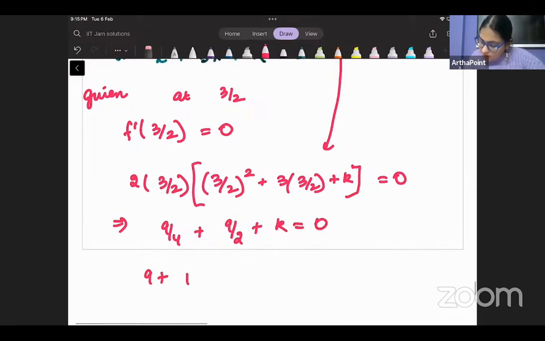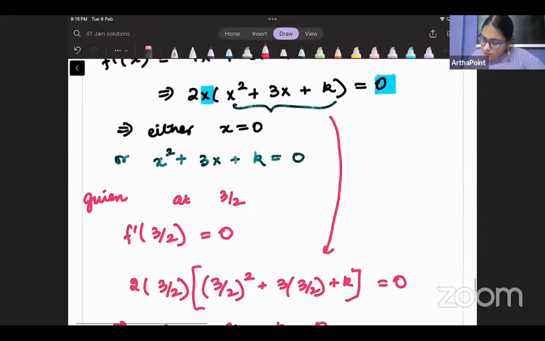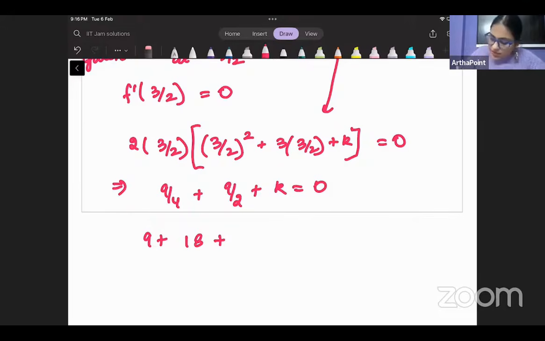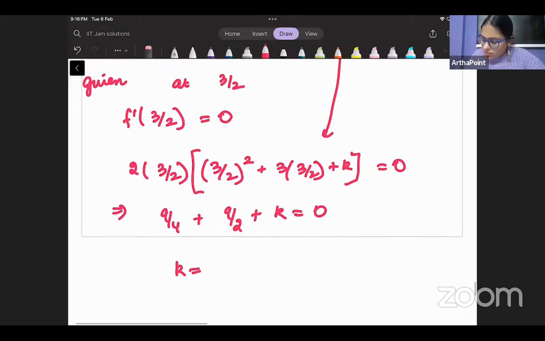9 plus 18 plus, please look into the calculations very carefully that I am doing them rightly. So this will be 18 by 4. So I will get k is equal to... Have I done something wrong here?